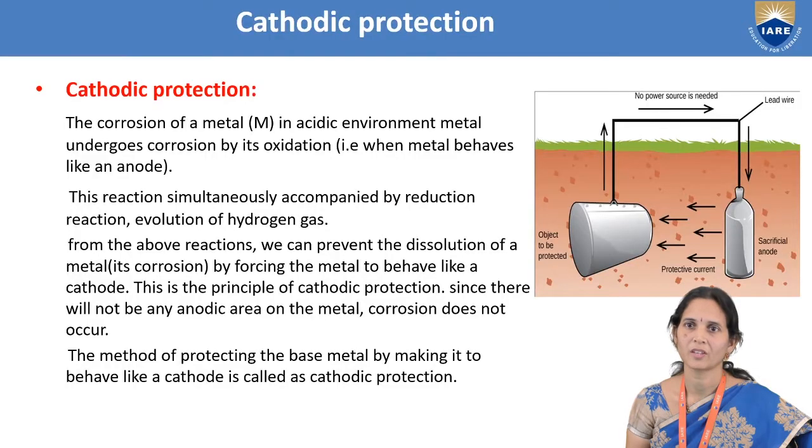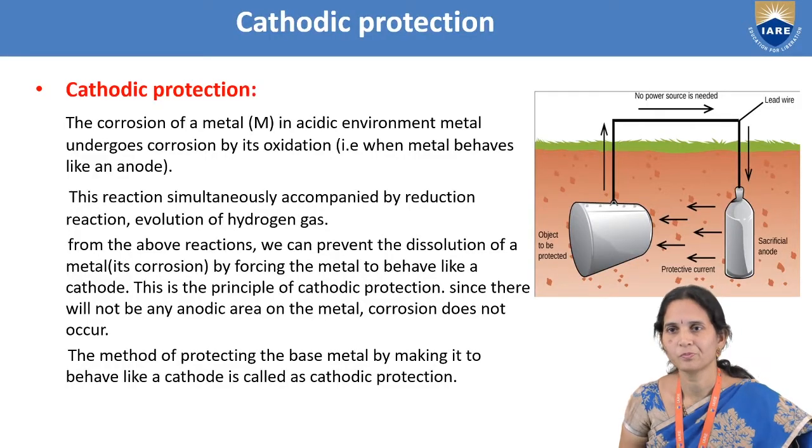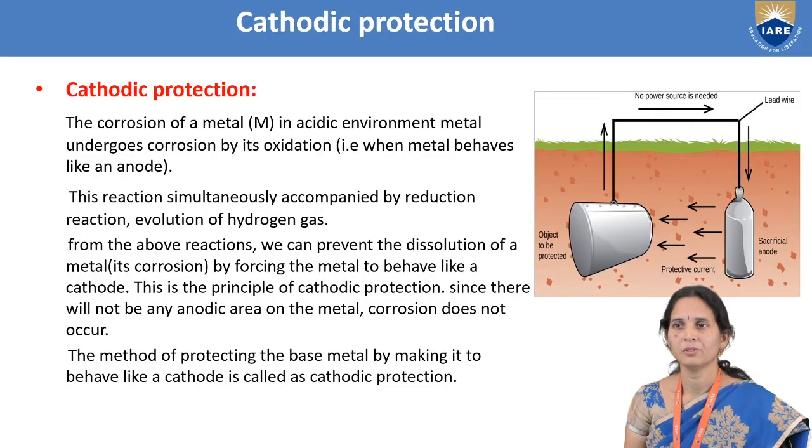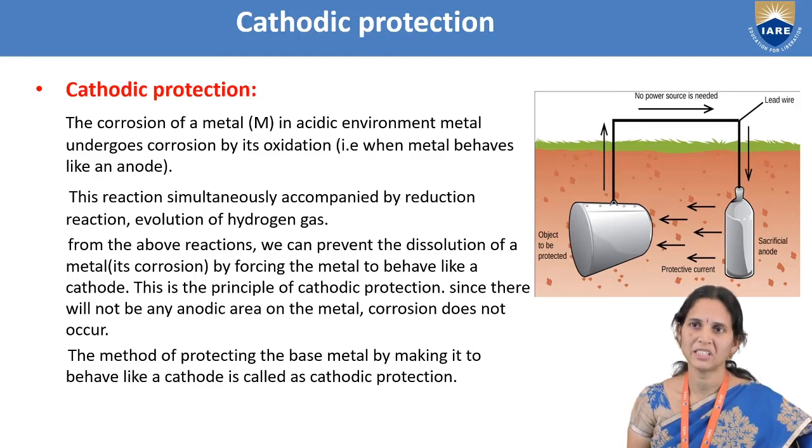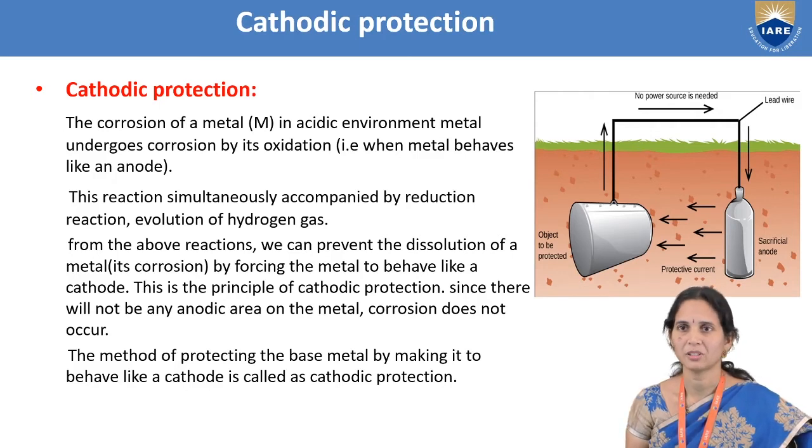Today this is a different method, that is cathodic protection. Now we want to protect the iron metal, and it will be protected by using another metal, one that is more active or less active.